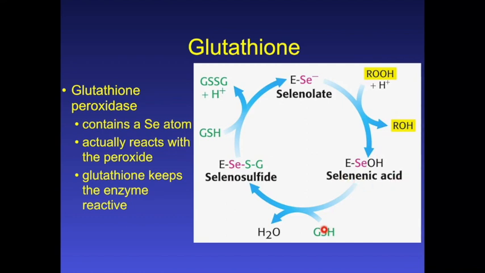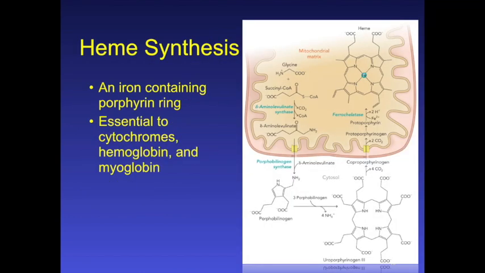The glutathione will react and displace the hydroxide, and then a glutathione will react with itself, leaving the electrons with the selenium to react with oxidative species. And so the glutathione works through this peroxidase to allow us to react these reactive species.